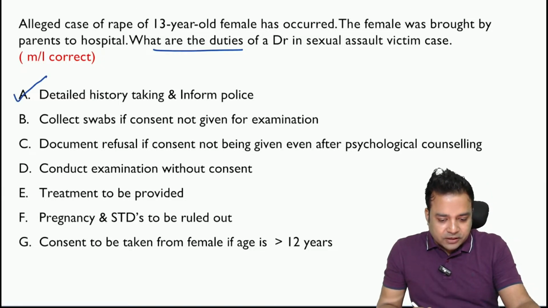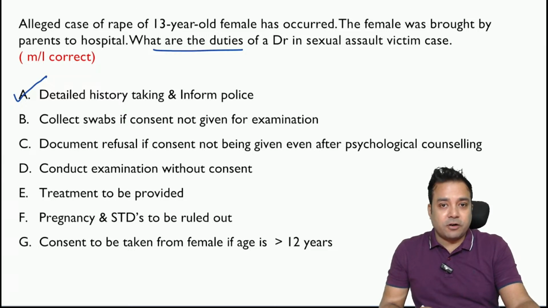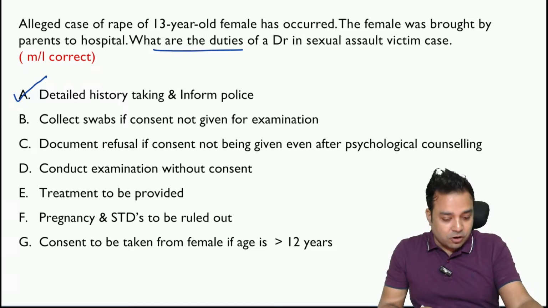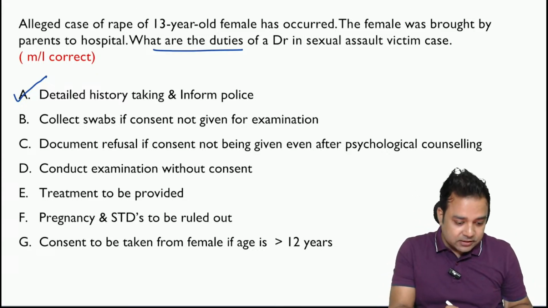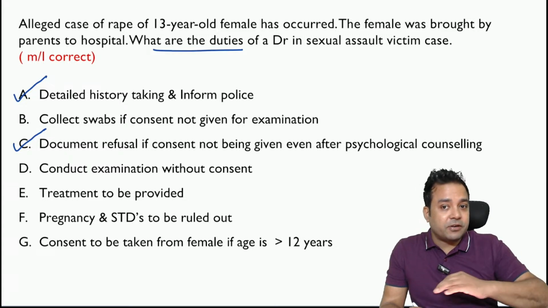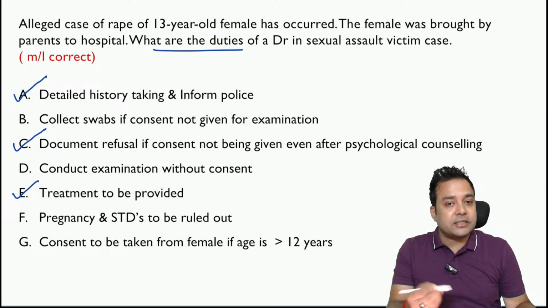कलेक्ट स्वैप्स इफ कंसेंट नॉट गिवन फॉर एग्जामिनेशन. दिस इज टोटल रॉन्ग. You cannot collect swabs if consent is not given for examination. That is total wrong statement. Will you document refusal if consent not being given even after psychological counseling? Yes, for our own safety. Will you conduct examination without consent? Never ever. Will you provide treatment? Yes, treatment तो देंगे ना injuries के लिए.